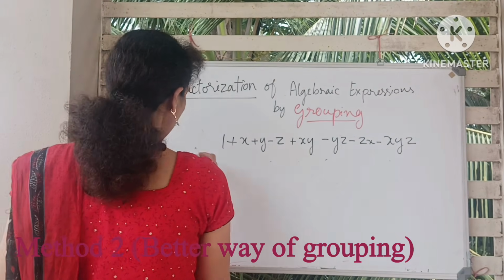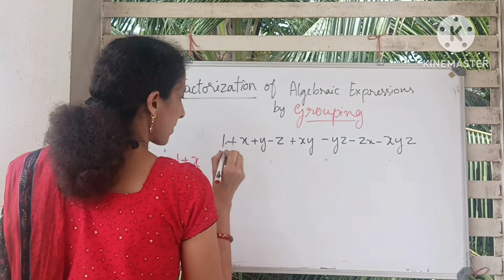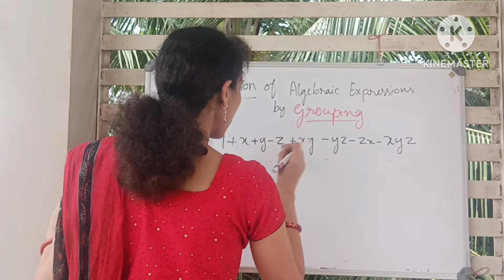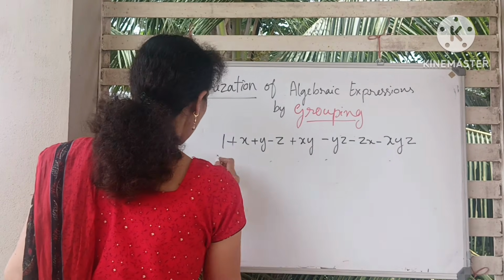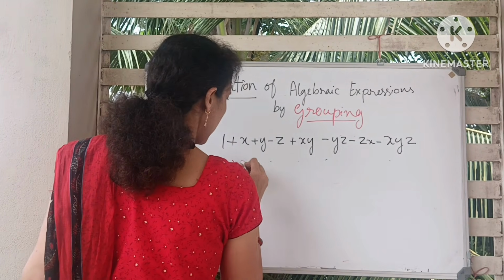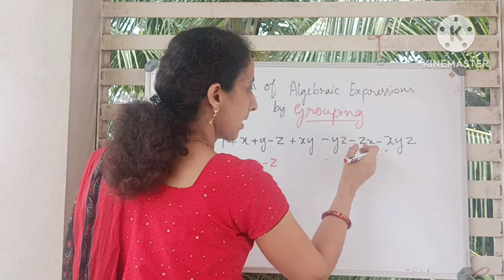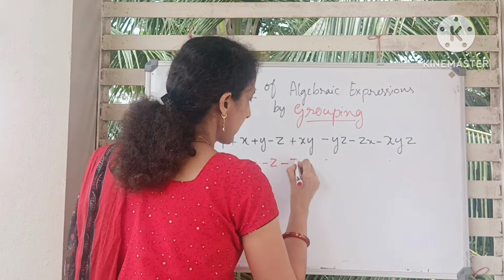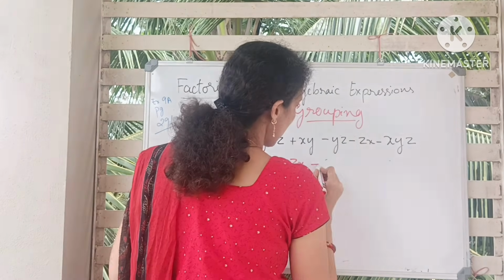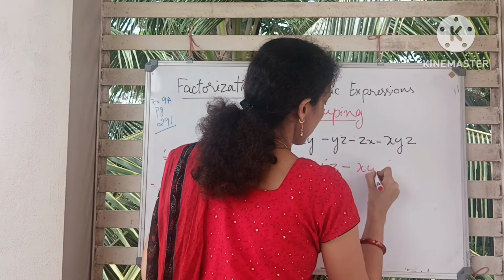So I'll change the grouping this time. I'll write it as 1 plus x, and here I'll group this y and this xy plus y plus xy. Then I have this minus z. Instead of grouping this with this, I'm going to group it with this. So minus zx, and this one will be minus yz minus xyz.